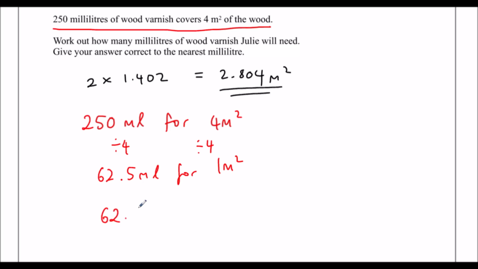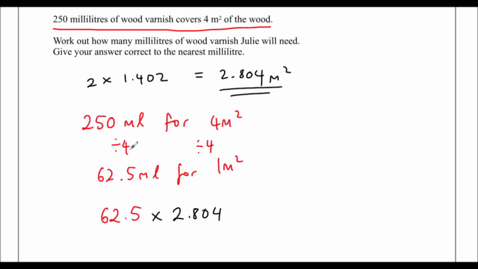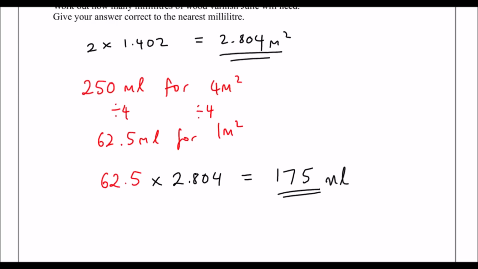So 62.5 times 2.804 that I've stored as A, so alpha A, 175.2, 175 to the nearest milliliter. We need 175 milliliters of wood varnish.